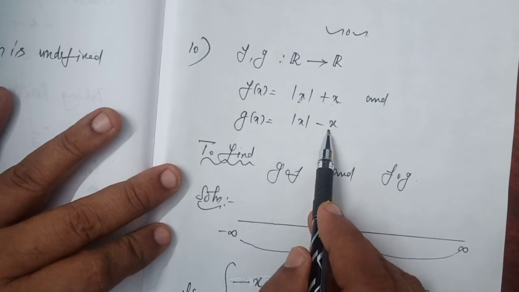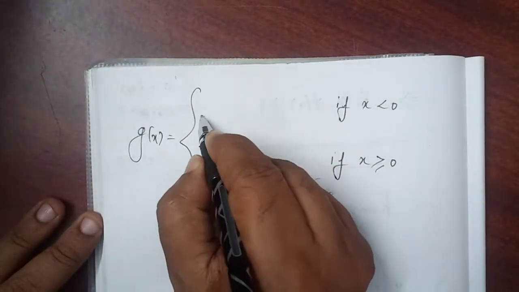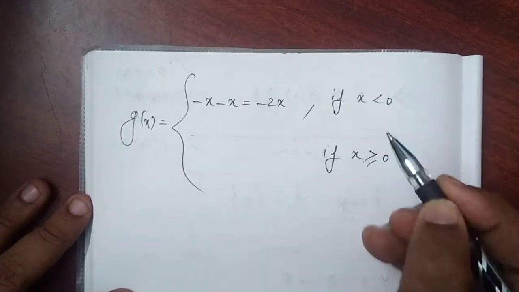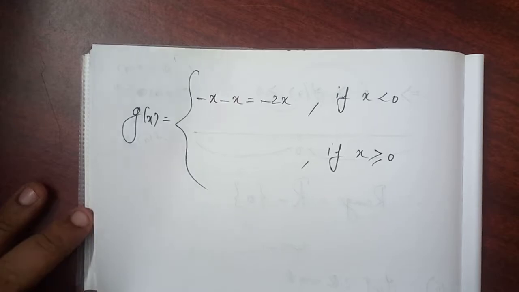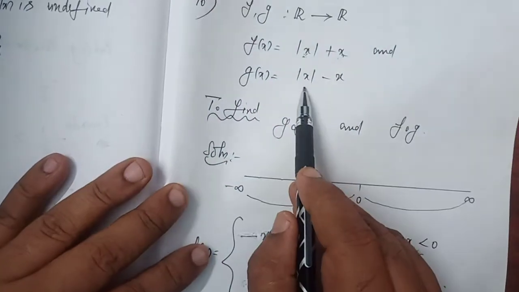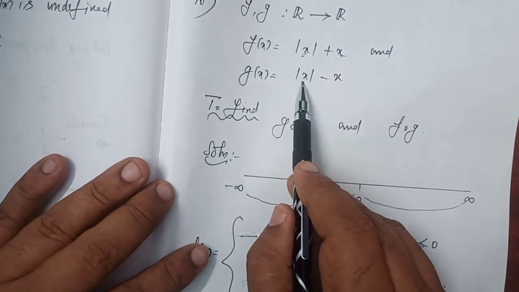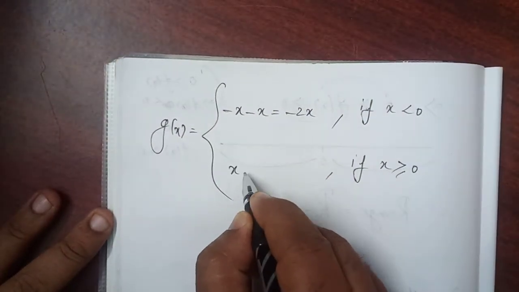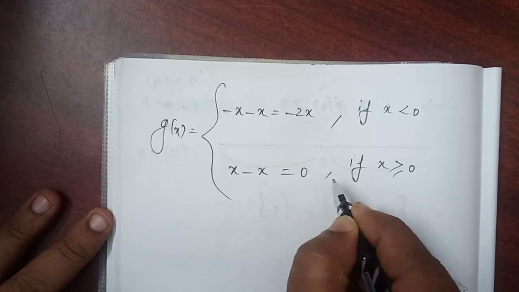This minus x, write as it is. So minus x, minus x, that is equal to minus 2x. Next, for x greater than or equal to 0, in this interval, modulus of x is x only, x minus x, that is equal to 0.